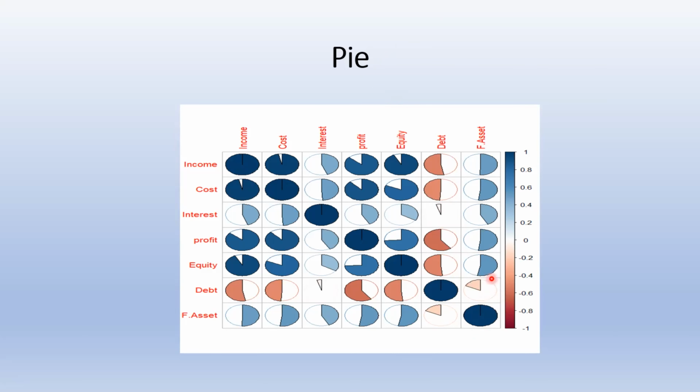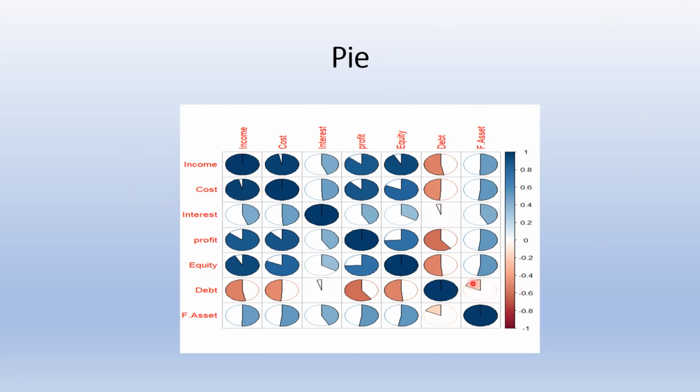So accordingly we have to interpret the correlation coefficient. Now in this case, we will discuss this first. This pie is filled clockwise, and the area which is empty is very small. So we can say that the color is very dark and the empty space is very small. The correlation coefficient is very high.